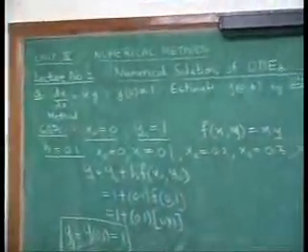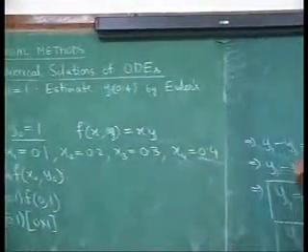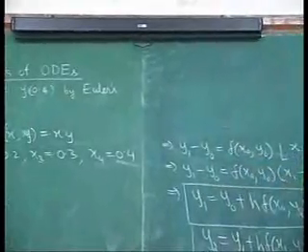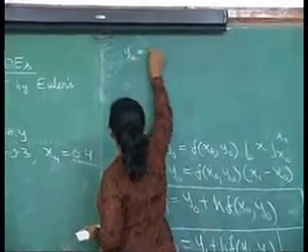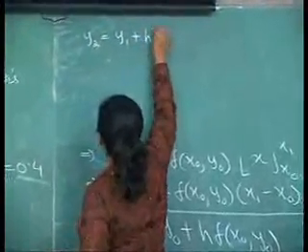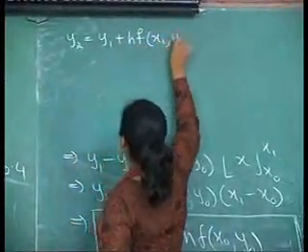Again, by using Euler's formula, we get y2 is equal to y1 plus h times f of x1, y1.